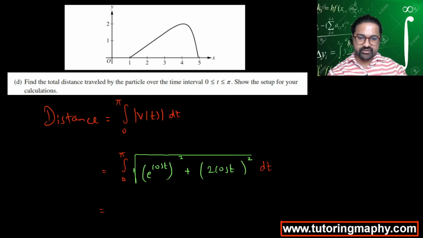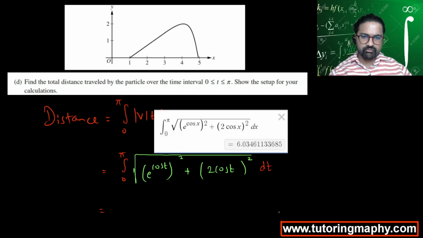And the integral limits are from 0 to pi. Oops, I missed something, squared. All right, so the value which I'm getting here is 6.03.